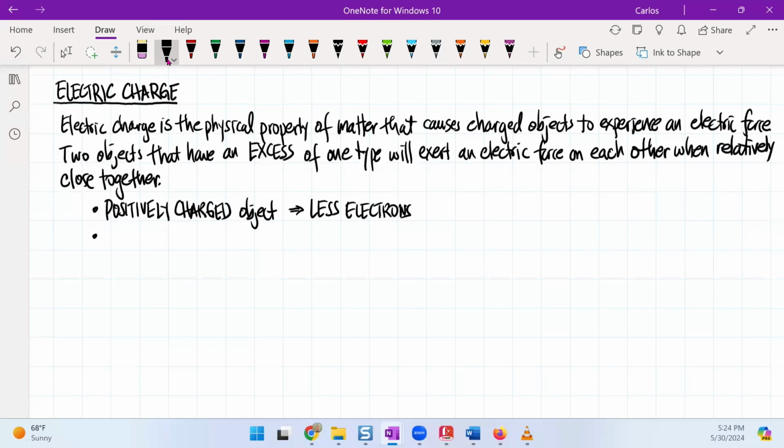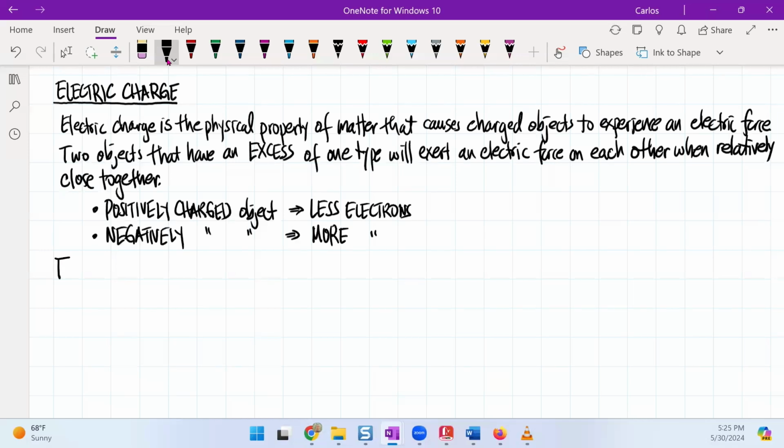On the other hand, if I have a negatively charged object, that implies that there are more electrons.